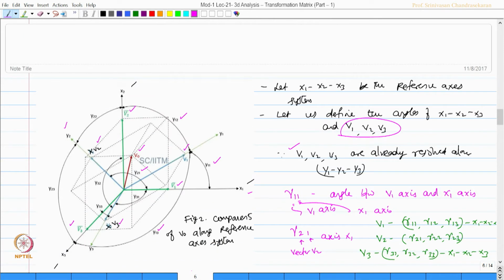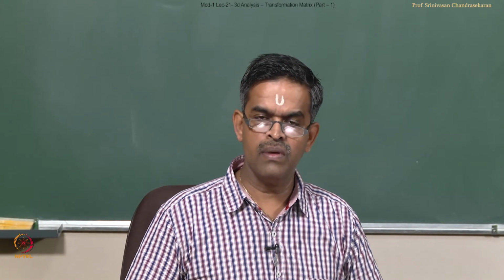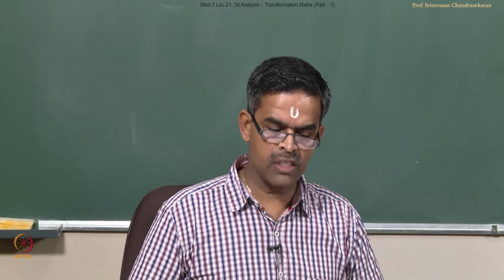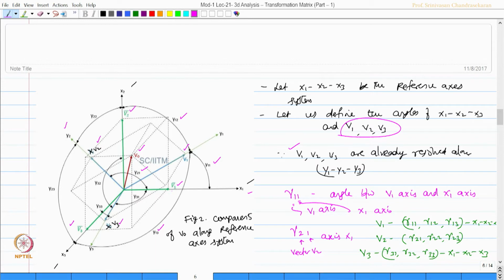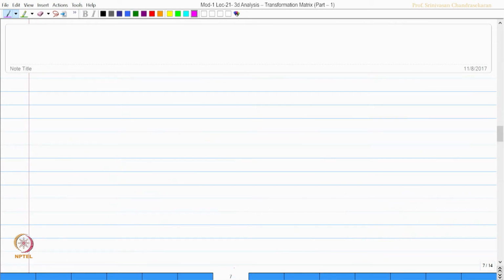So, now having known V 1, V 2, V 3, we are interested in finding out the components of those vectors resolved or transformed along the standard reference axis system x 1 x 2 x 3, which I call as V 1 bar, V 2 bar and V 3 bar. So, now we can write the governing equation which connects these two as below.